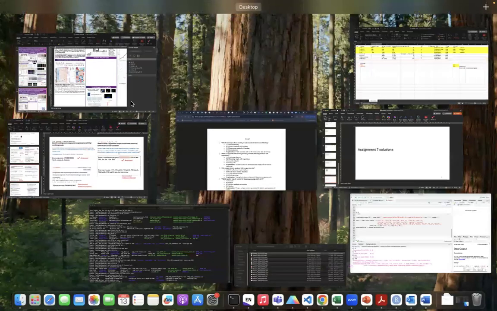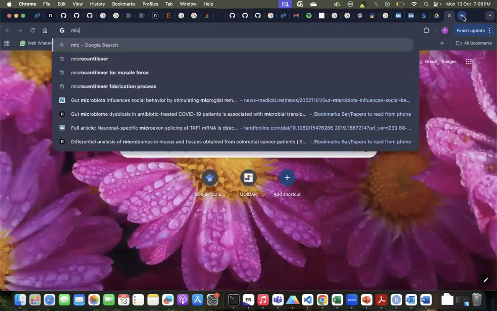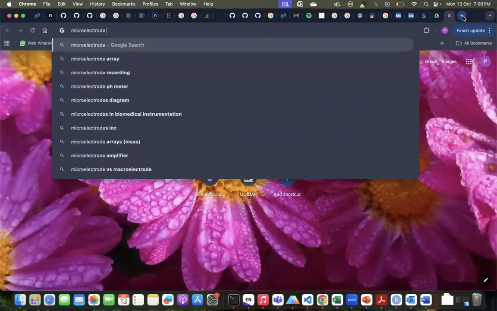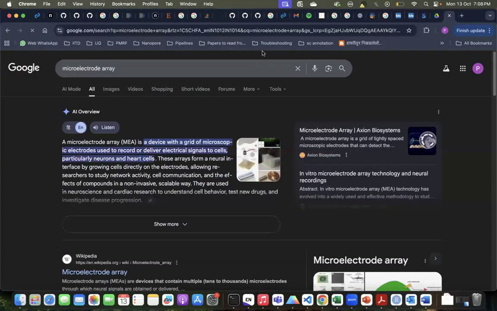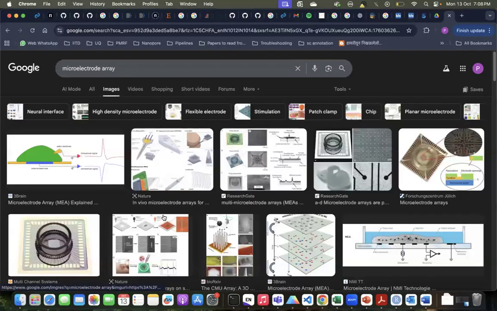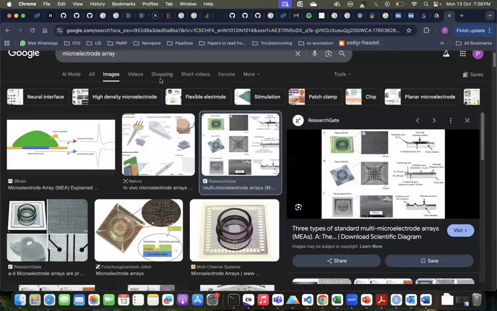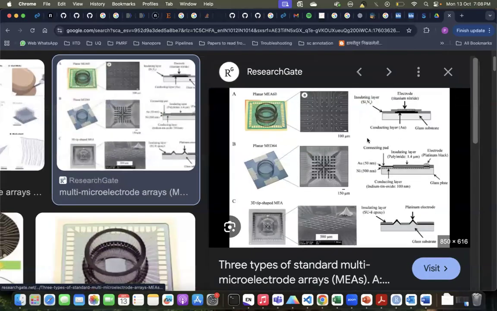So I will just quickly Google something here. So we'll have the microelectrode array. Of course, you can Google this up, but it looks something like this, right? So you have a lot of these electrodes here.